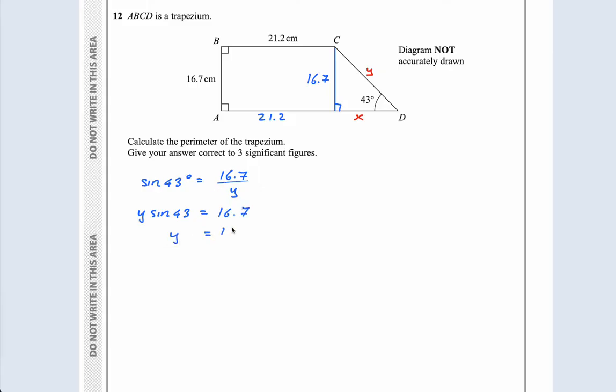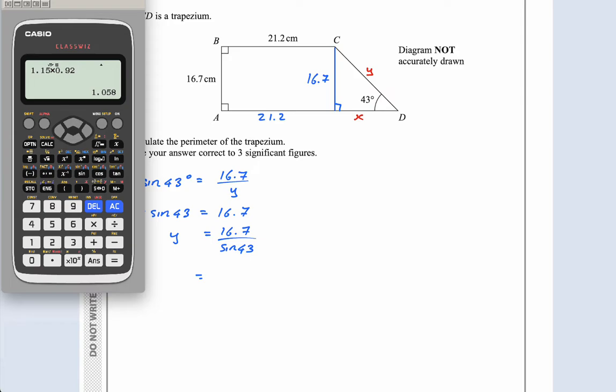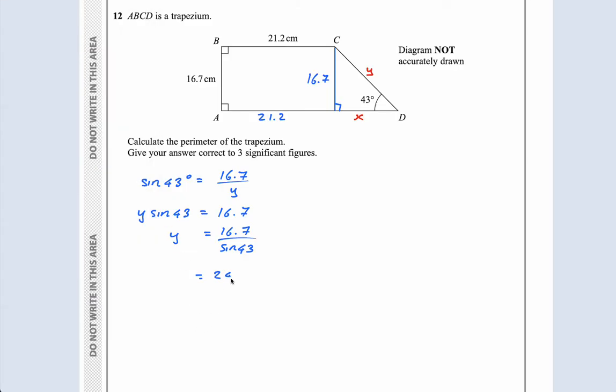So y is equal to 16.7 divided by sine 43. I can put that straight into the calculator: 16.7 over sine 43, close bracket, 24.49. I'm going to go with 24.49, at least one more than the 3 significant figures that he wants.